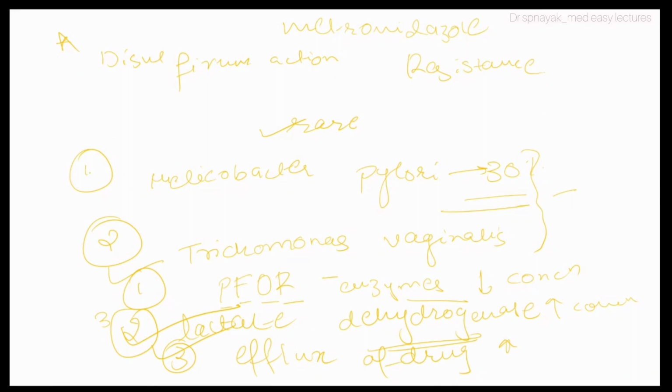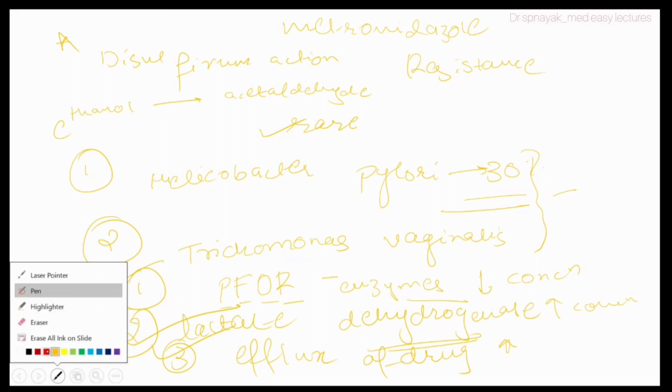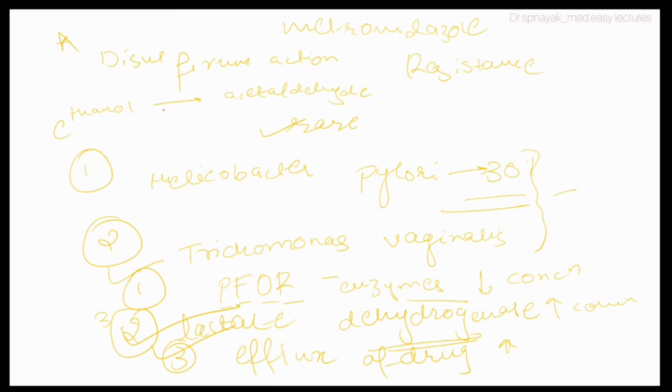Normally, ethanol is converted to acetaldehyde in the body by the enzyme known as alcohol dehydrogenase. From ethanol, it is converted to acetaldehyde with the help of alcohol dehydrogenase.